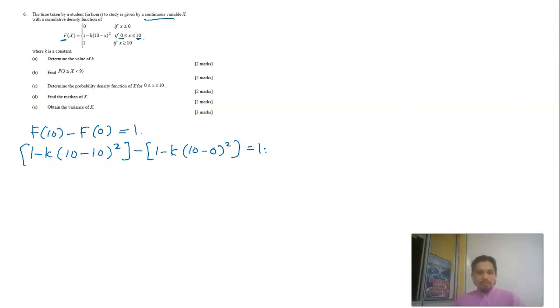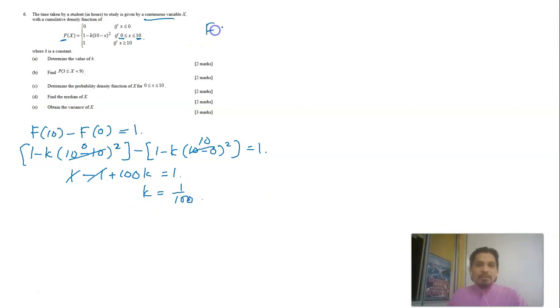It's a cumulative function, from 0 until 10, it equals 1. So 10 minus 10 equal to 0, 0 squared is 0, times k equal to 0, so 1, and then minus 1, and then 10 minus 0 equal to 10, 10 squared equal to 100, negative negative becomes positive, 100k equal to 1. So 1 minus 1 equal to 0, then k equal to 1 over 100.